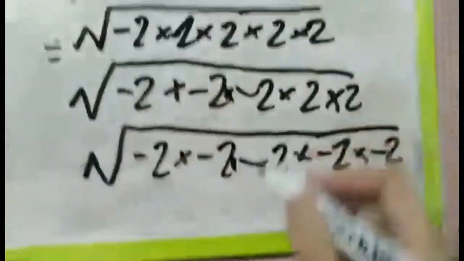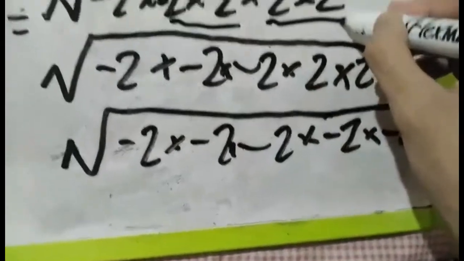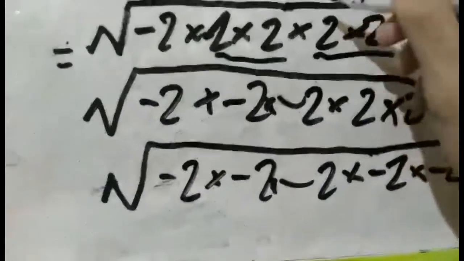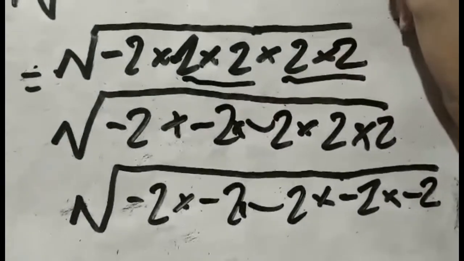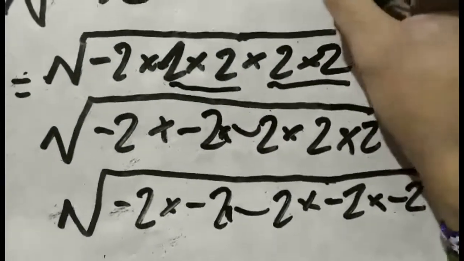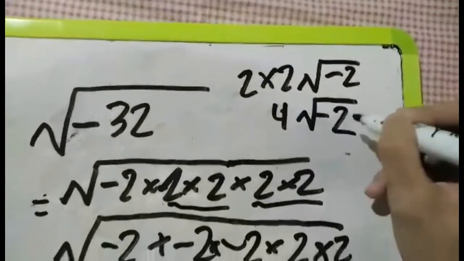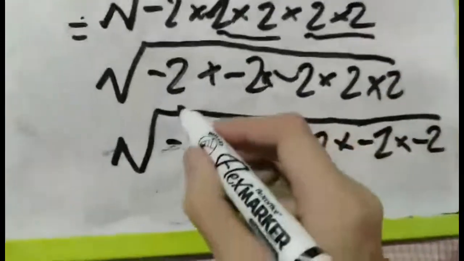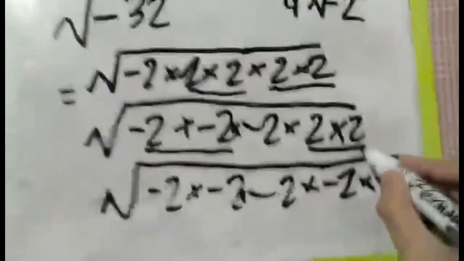Now, let's try to solve them all. Now this, we have 2 2's and 2 2's. So this would give us a 2 times a 2, which is 4 times the square root of negative 2. This, we have 2 negative 2's and 2 positive 2's.